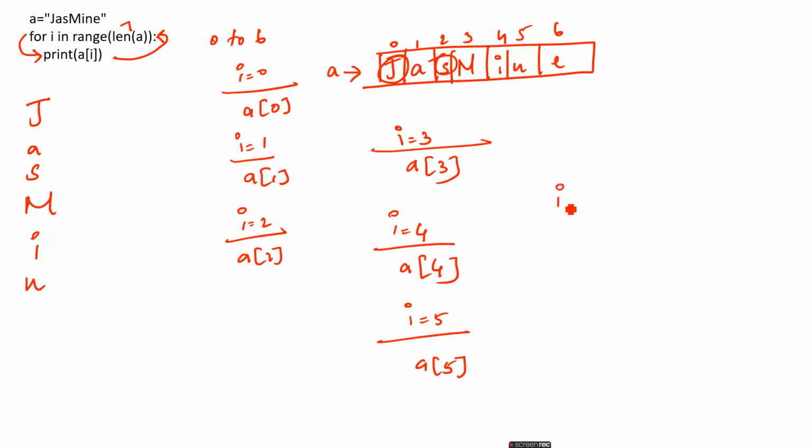Next value of I will be 6. Then print A of 6. What is there in A of 6? E. So E will be printed. After that we will come outside the loop because there are no more values from the range function. So this will be the output. So in this way we can find the output.